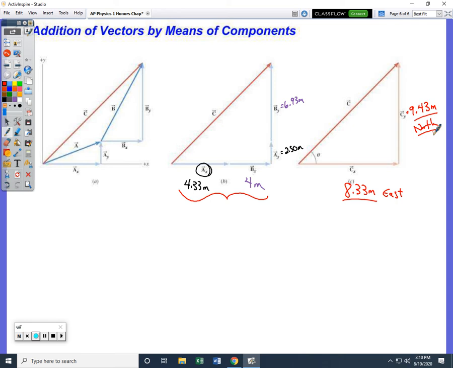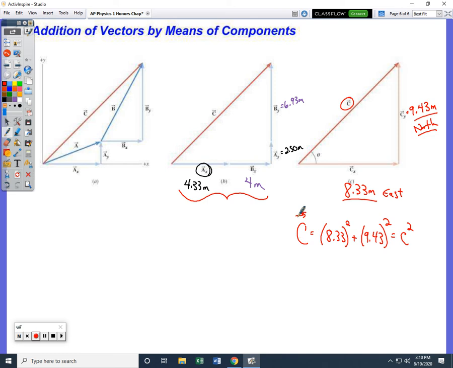Now we're going to go back to what we did on the first set, and combine them together to figure out what C is. So for the C vector itself, the first step is to find the length of this hypotenuse. We're going to take the two sides, 8.33 squared plus 9.43 squared, which is going to equal C squared.